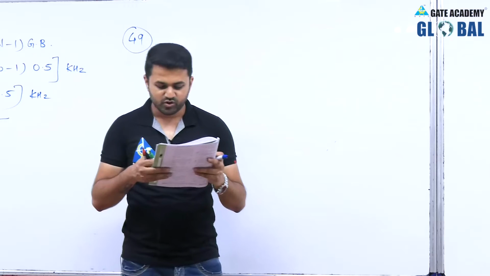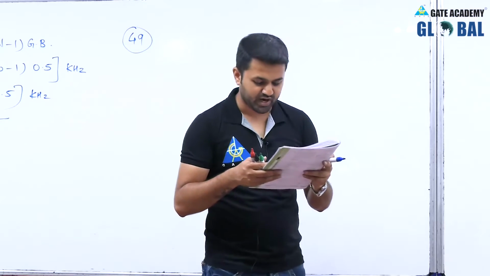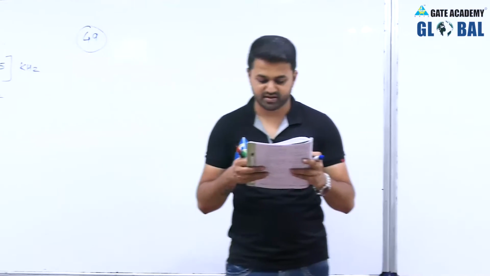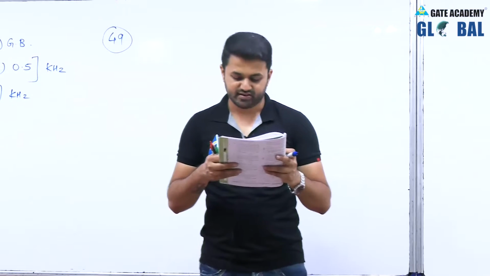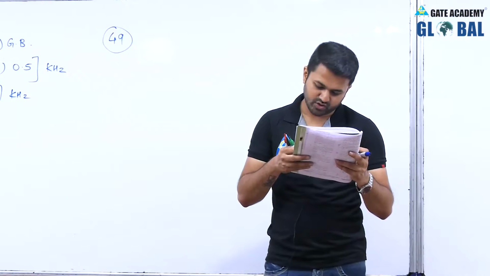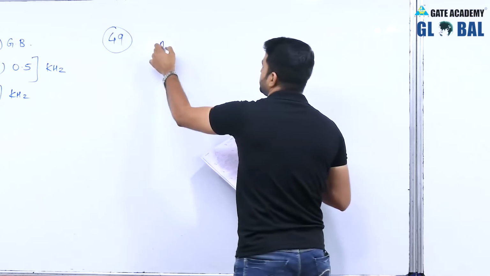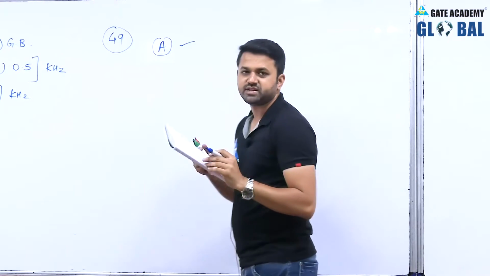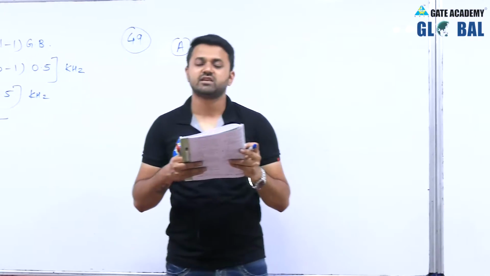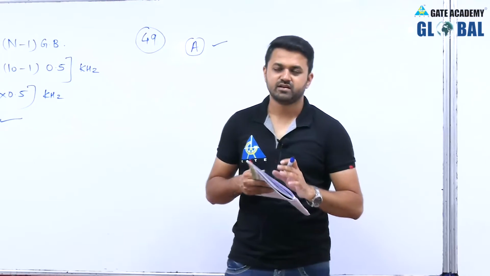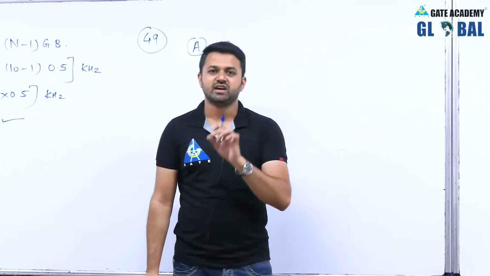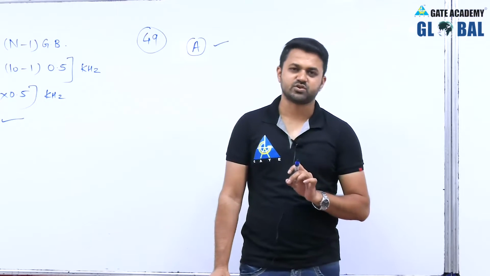So both the statements are true, and R is the correct reason for A. So according to the options, that is option A. For question number 49, the correct answer is option A, because both the statements are correct, because the basic group we generate has the range 60 to 108.